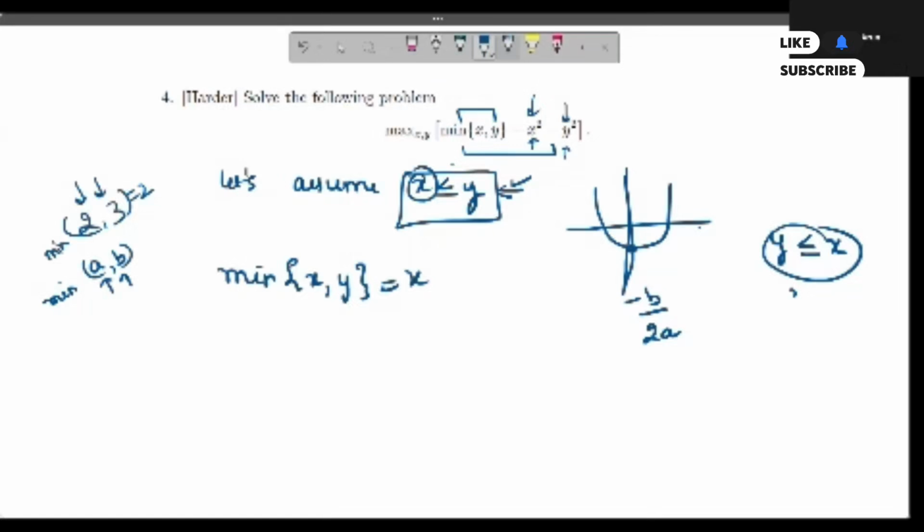Ma'am, one question. Over here, when we say minimum, we mean that at a particular point on a coordinate which is x comma y, the smaller value between x comma y is the minimum and the larger value of x comma y is the maximum.